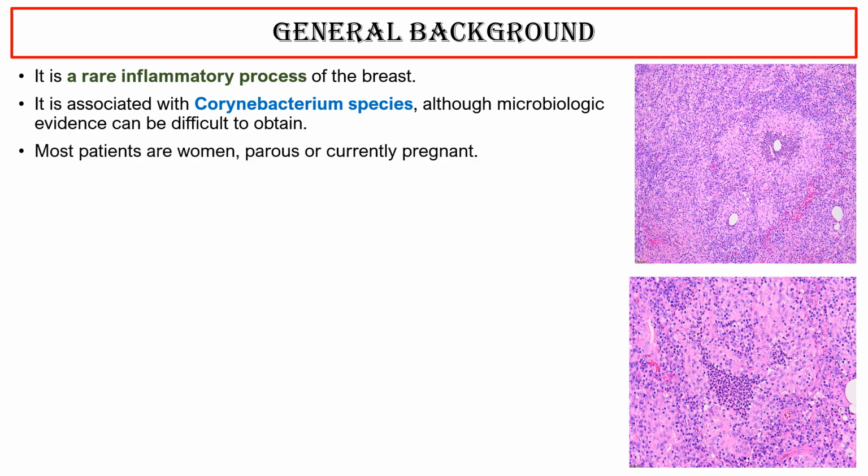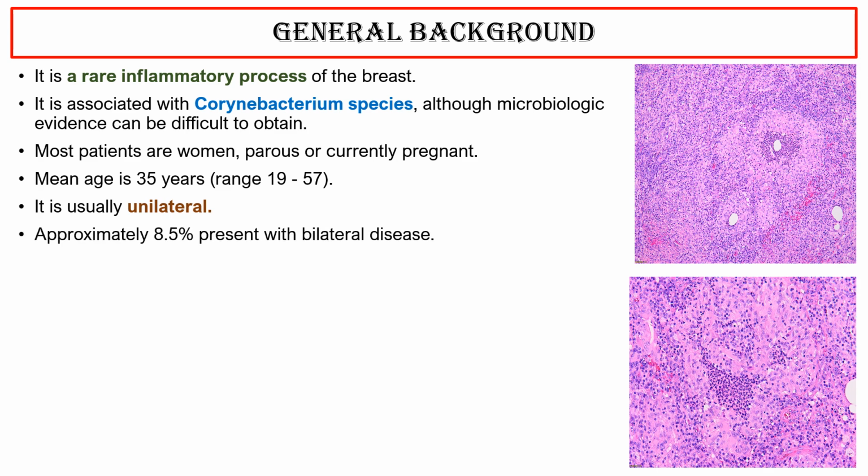Most patients are women, parous, or currently pregnant. Mean age is 35 years, range 19 to 57. It is usually unilateral. Approximately 8.5% present with bilateral disease.